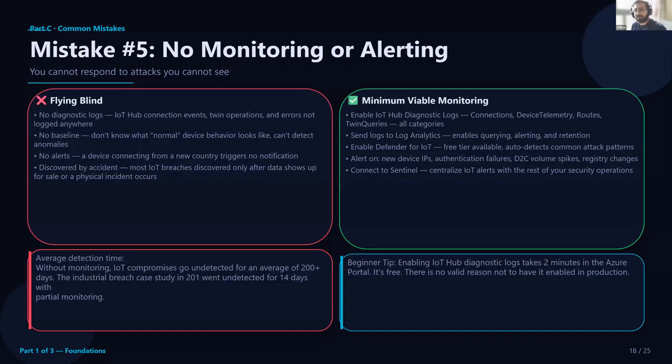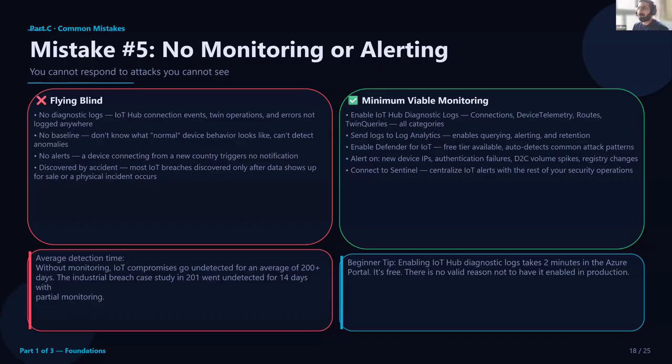The level of logs they enable is very minimal, but in this case you should enable some diagnostics logs. You should have a record of which devices are connected, what kind of errors you are getting from those devices, all those things, and that should be going to Log Analytics.